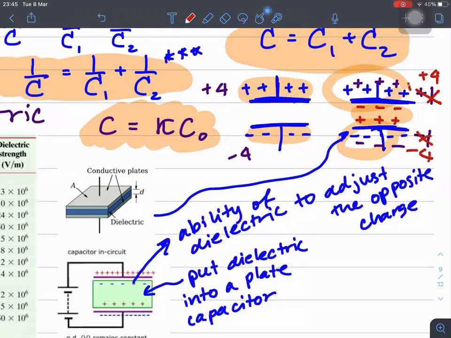But you can see that in this region, we have the charge on the plate of 7, not only 4 anymore. So this is the effect of the dielectric.